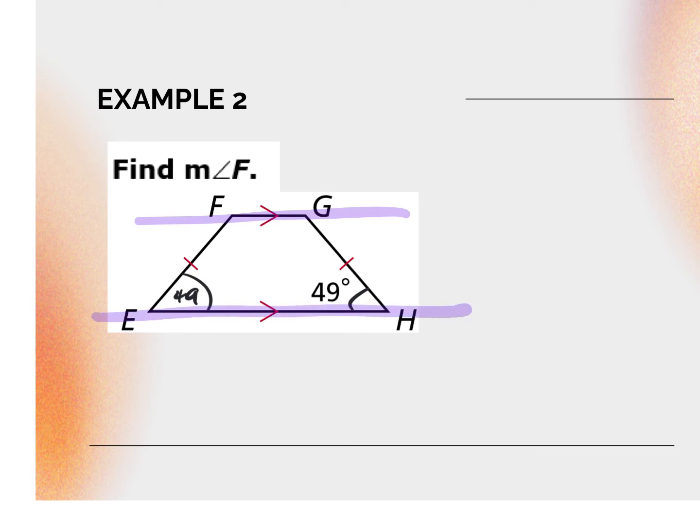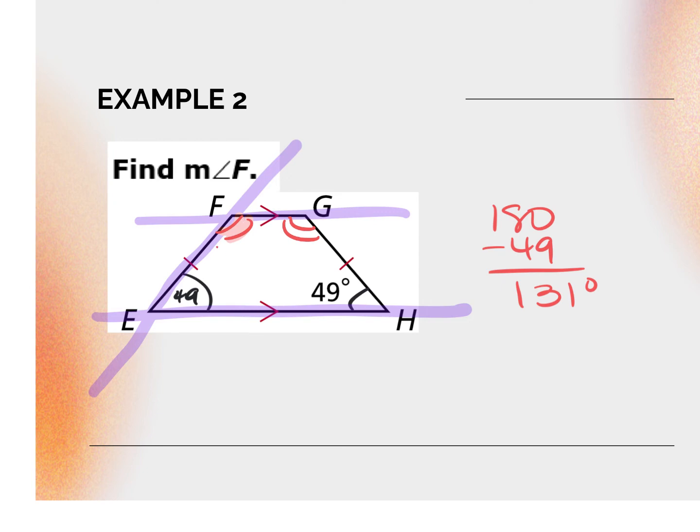To find the measure of angle F, use EF as a transversal. I know that E and F are going to be supplements because they're same side interior. So all I have to do is 180 minus the 49, and the measure of angle F and G is 131.